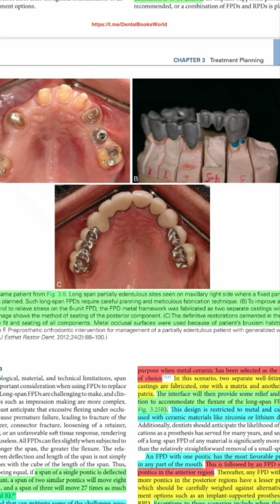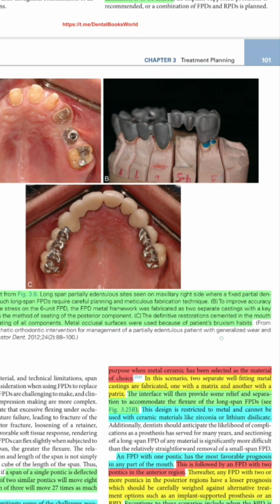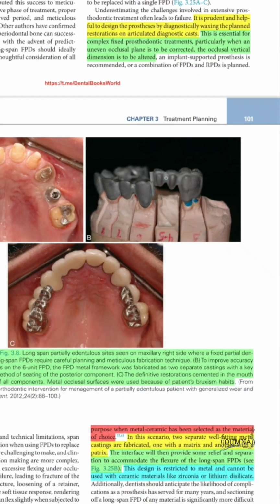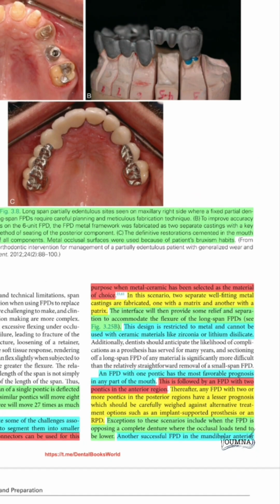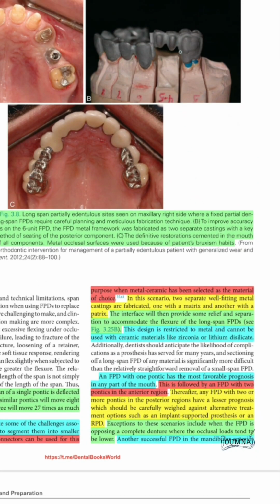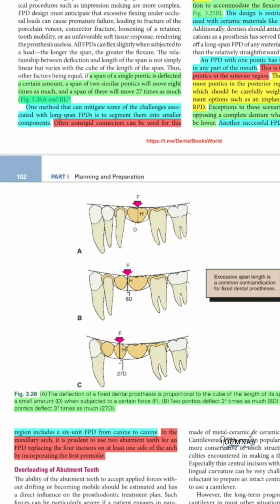The metal occlusal surfaces were used because the patients had parafunctional habits. These non-rigid connectors are used for metal ceramics only, where they can only be made from ceramic and cannot be made from zirconia or lithium disilicate.